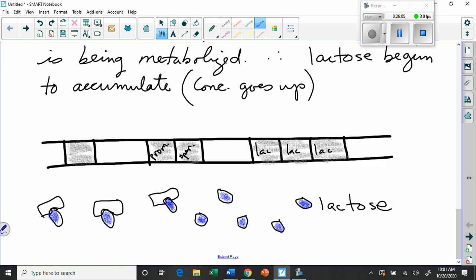But it is the same principle, isn't it? It's the idea that the binding of this molecule, when it binds the repressor molecule, it renders it inactive. In other words, it can no longer bind with the operator. And if it can't bind with the operator, then an RNA polymerase is free to carry on down the gene and express the lac enzymes.